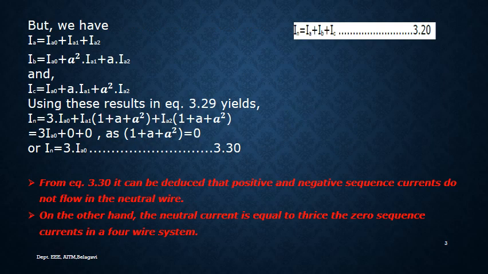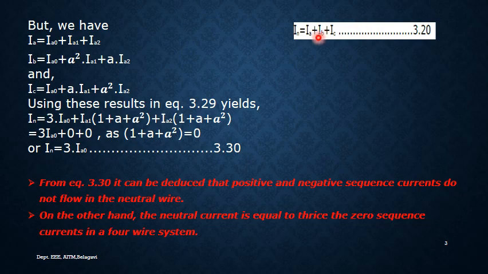But as we know, the line currents with respect to the sequence components are given by the equations we utilized previously. So the line currents IA, IB and IC in terms of the sequence components are these equations.